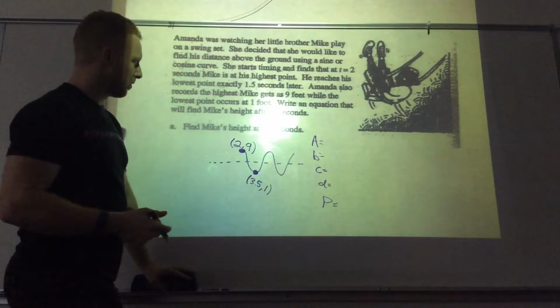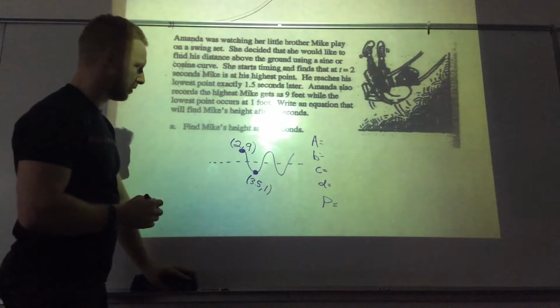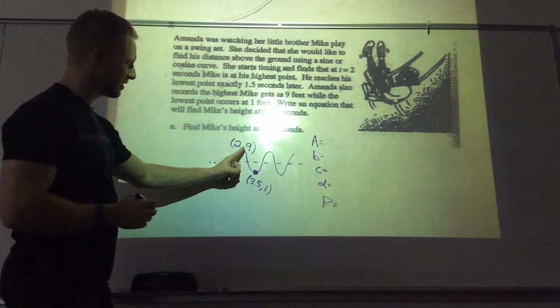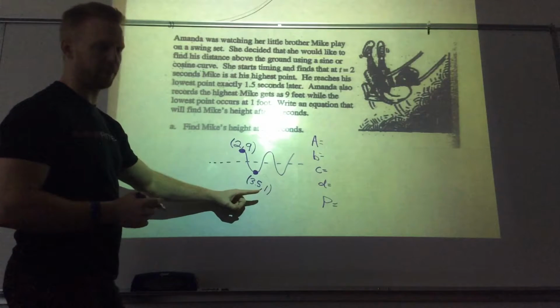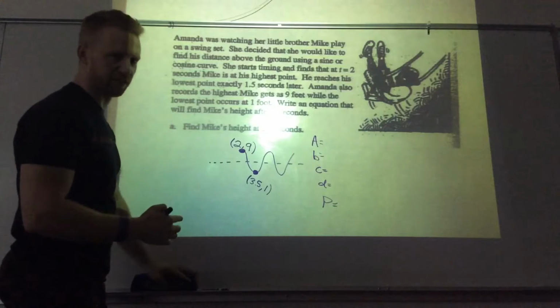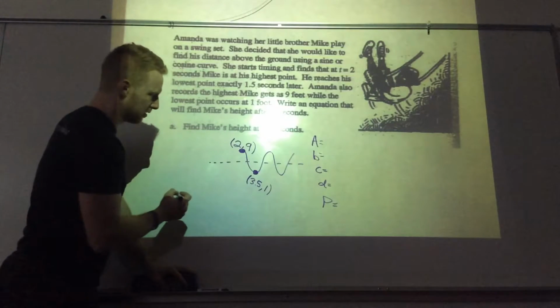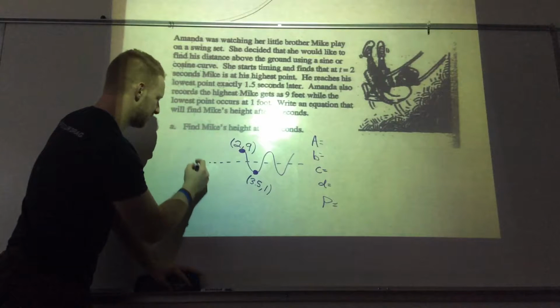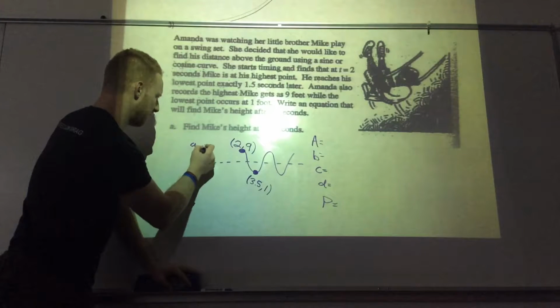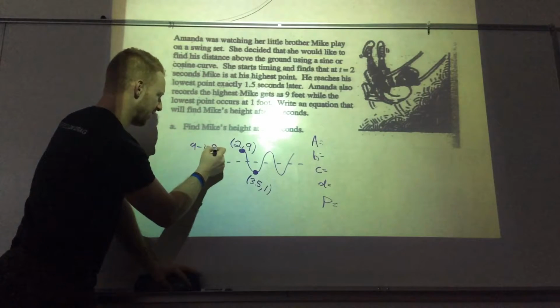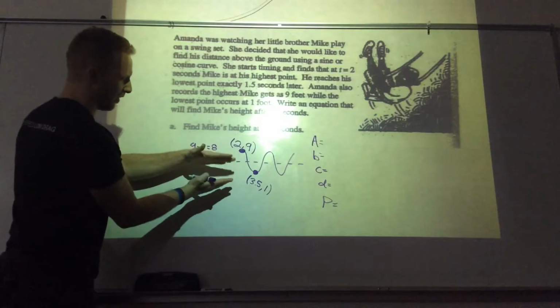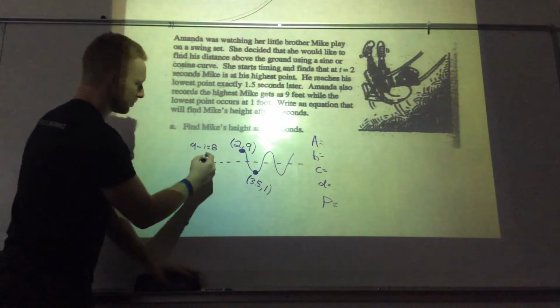All right, well, let's find a couple things here. Our highest is 9, our lowest is 1. Some of you guys might say, well, there's a difference of 8 there. So from here to here, there's a difference of 8 feet. So let's take 9 minus 1. Well, that equals 8. We need to find what's right in between there.